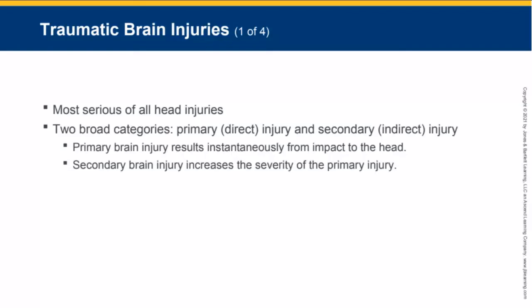So primary brain injury results instantaneously from impact to the head. And the secondary brain injury is the complications associated with the severity of the primary injury. So the complications of the initial injury is the secondary brain injury.